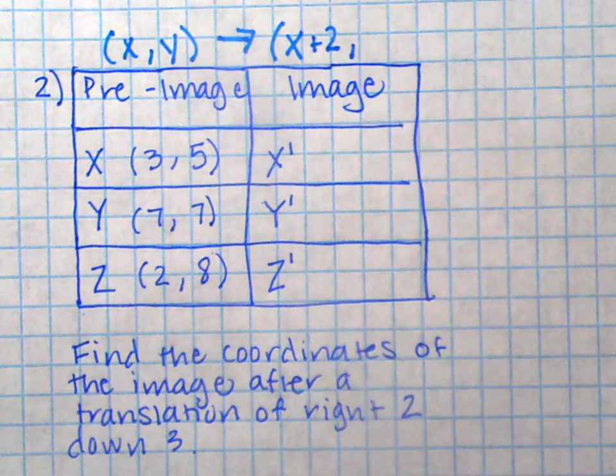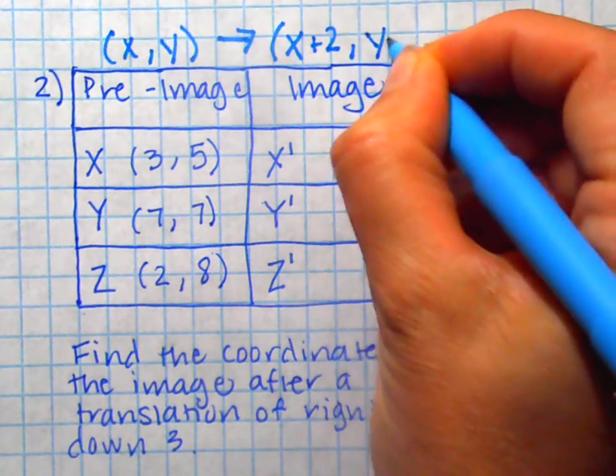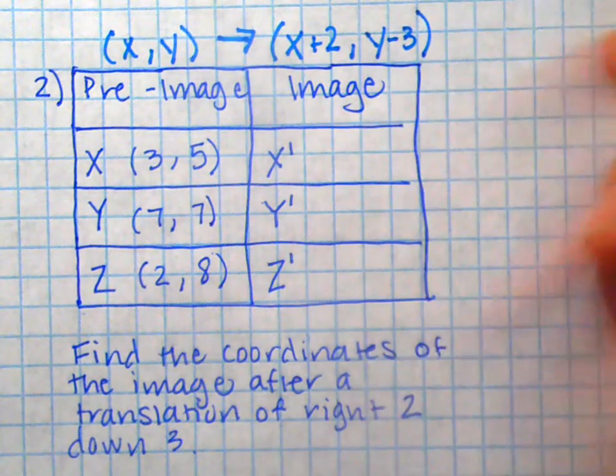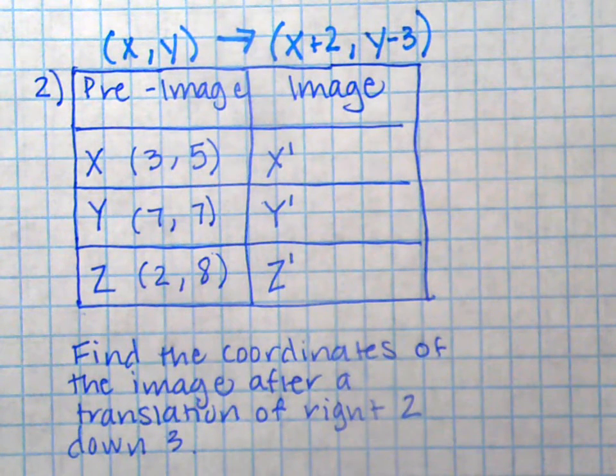To go right 2 is to add. If you were going left, it would be subtract. And then down 3, is that addition or subtraction with y? If you said subtraction, y minus 3, then you're 100% correct.